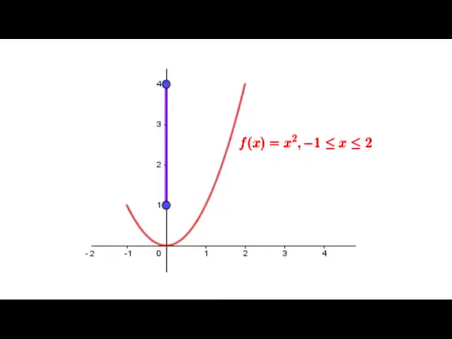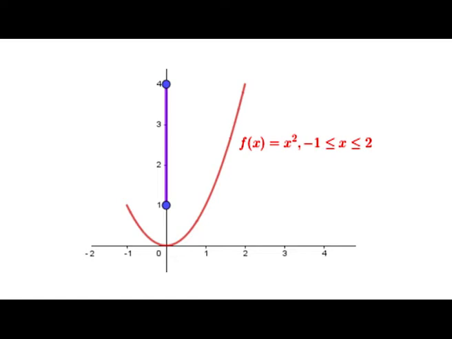The graph of the continuous function f(x) = x², -1 ≤ x ≤ 2, is given in the figure. Here with a = -1 and b = 2, we have f(a) = f(-1) = (-1)² = 1 and f(b) = f(2) = 2² = 4. So [f(a), f(b)] = [1, 4].